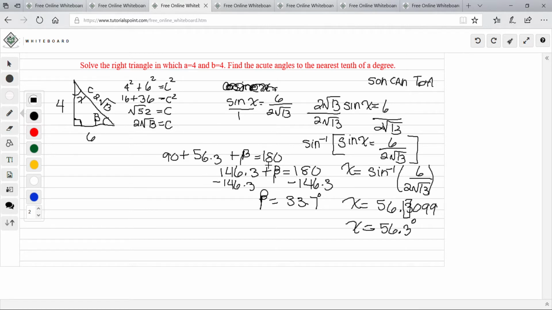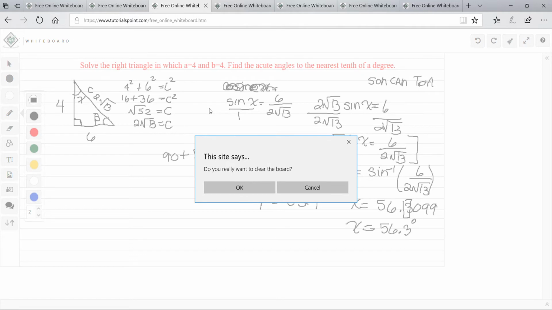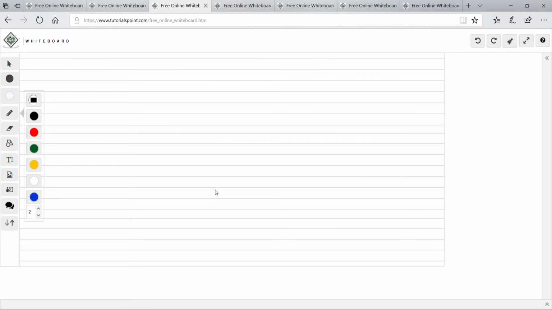Okay, so let me do another one. The problem says solve the right triangle in which alpha equals 30 degrees and C equals 6.